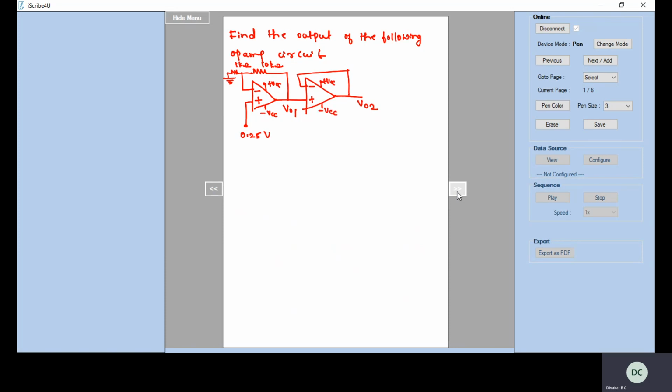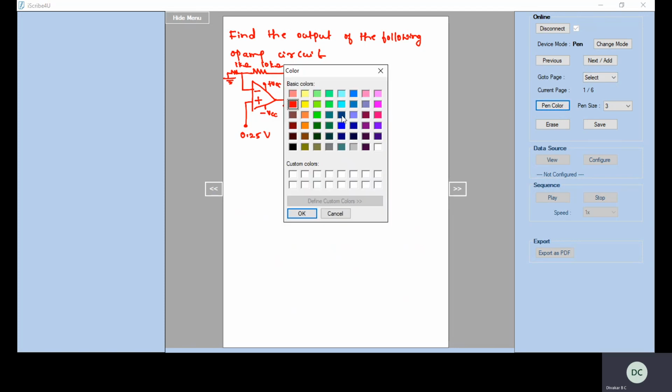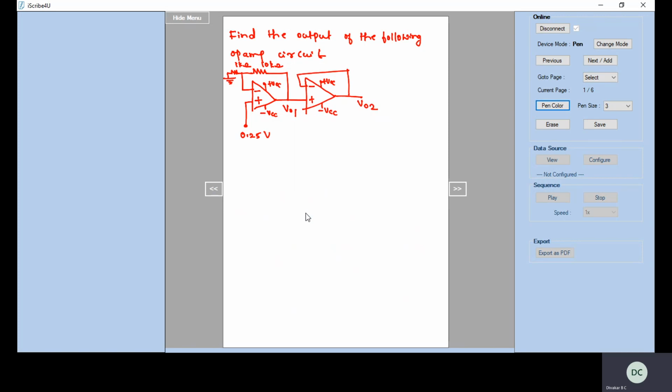So in the question, they have asked to find the output voltage. So first step is you need to identify the circuit. In the first circuit, the input is applied to the non-inverting terminal.